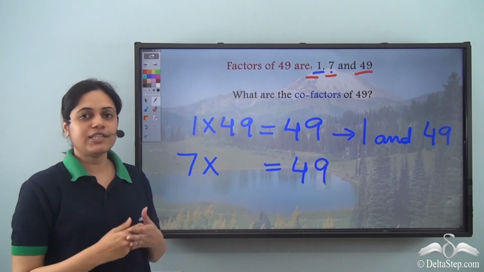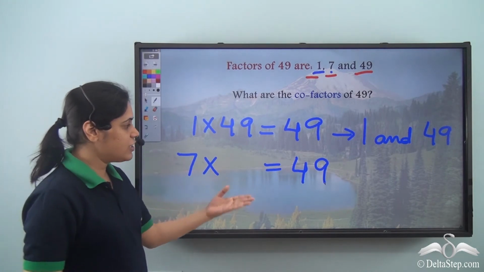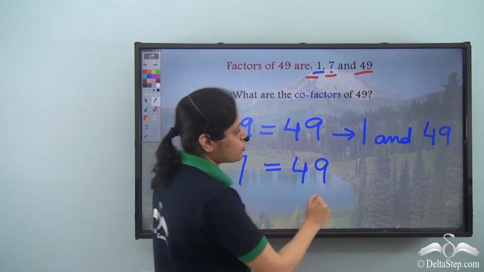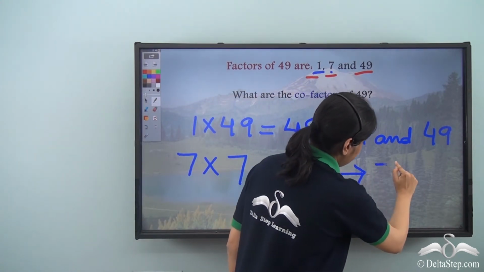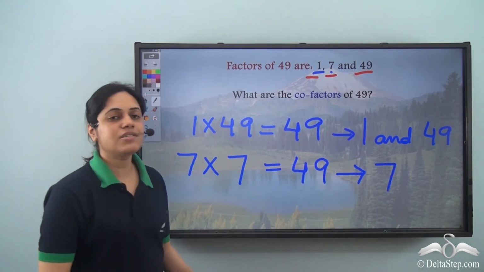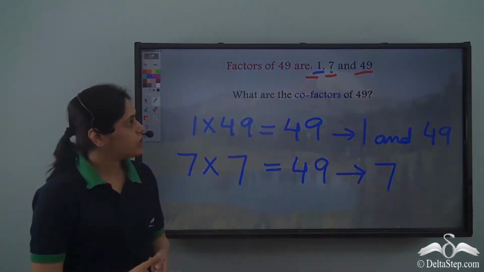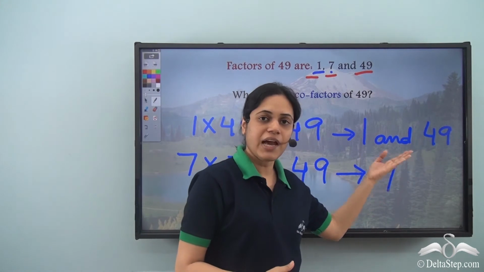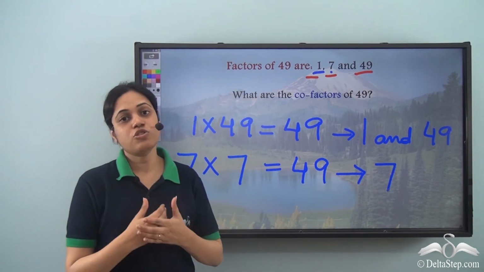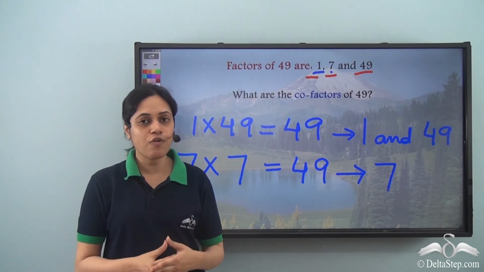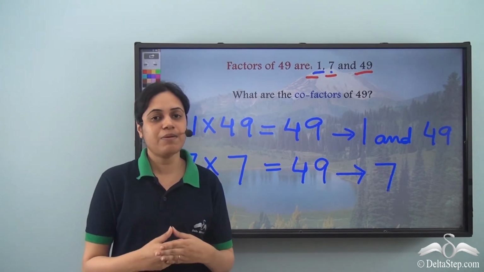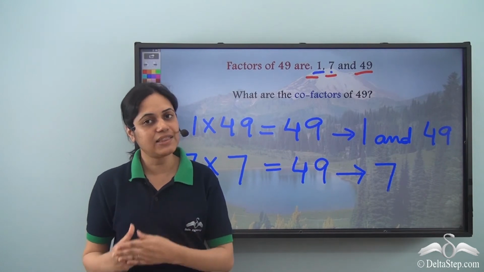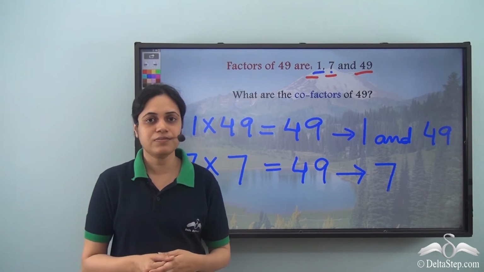If you recall the table of 7, 7 into 7 gives us 49. So another cofactor is 7. So what are the cofactors of 49? The answer is 1 and 49 and 7. So this is how you can find the cofactors of different numbers. So take many numbers, find out their factors and then their cofactors.